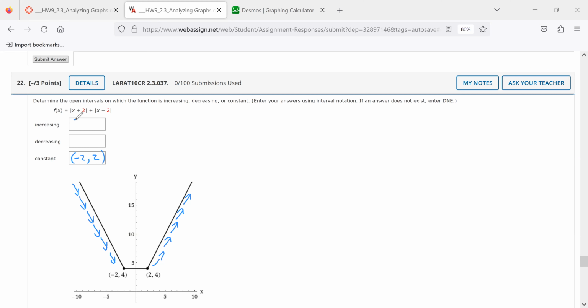What about decreasing? Remember, it's always the lowest one first, so we would put negative infinity all the way up until -2. So we're coming from way out here and landing there. Smallest always goes first.